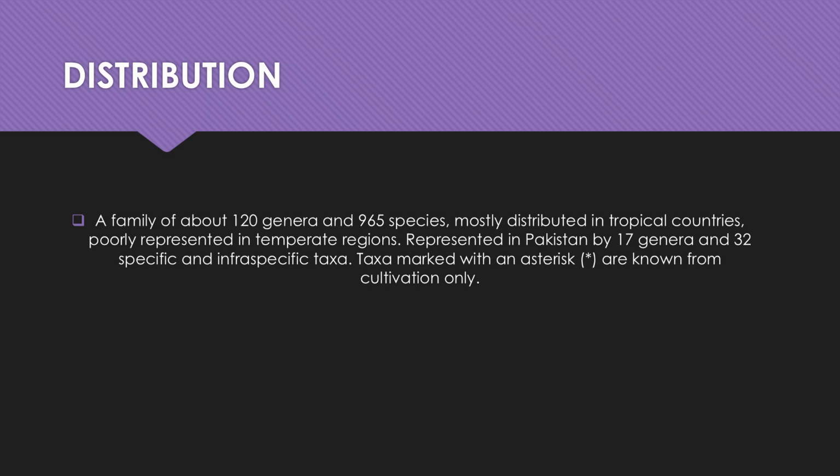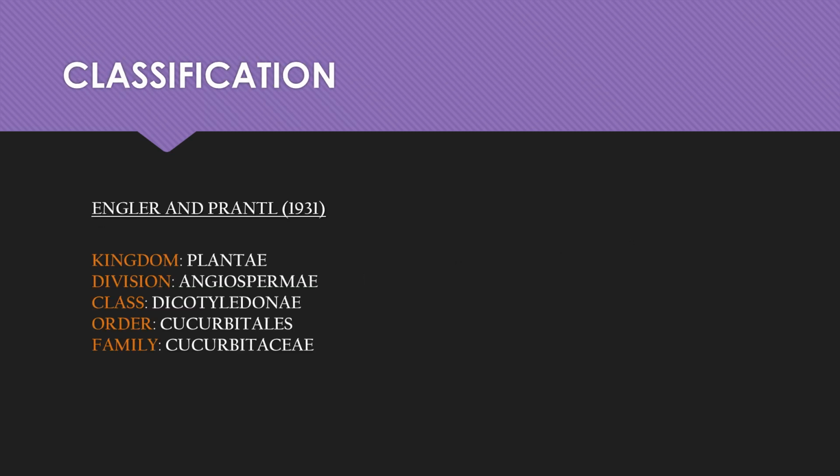They are mostly distributed in tropical countries and poorly represented in temperate regions. According to the Engler and Prantl system of classification, this family is placed under kingdom Plantae, division Angiospermae, class Dicotyledonae, order Cucurbitales.